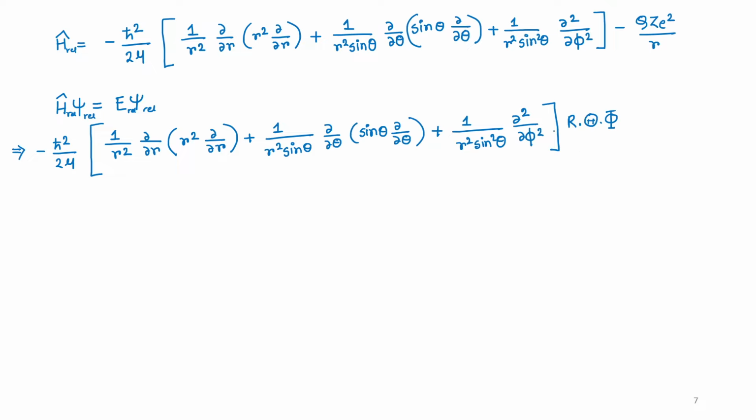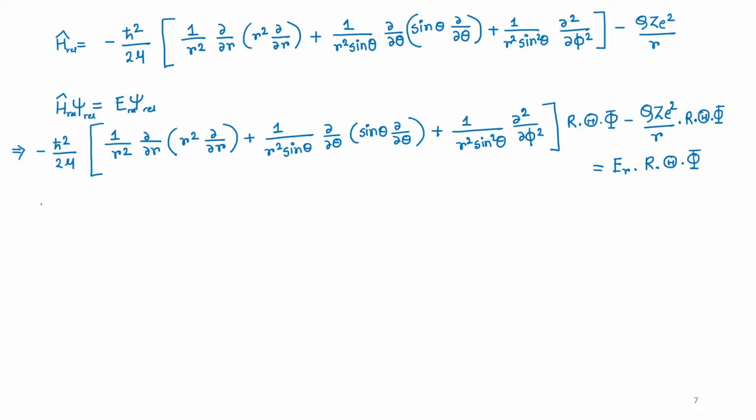This minus the potential term, the same with the q z square by r, times R Theta Phi, will be equals to E times R Theta Phi, right?